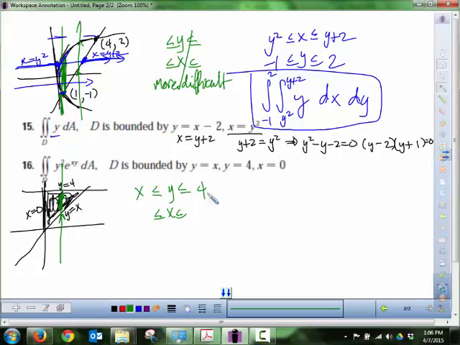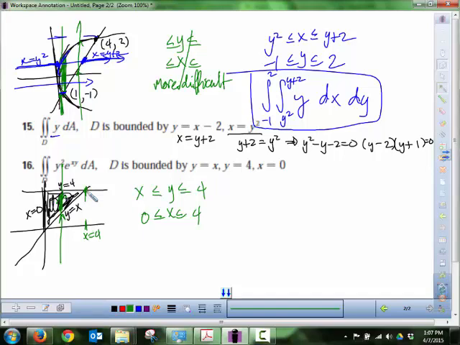I didn't figure out what my points of intersection were, but maybe you can figure out what's my x limit. 0 to 4. So that's x equals 4 here. So that's how far I go. Okay.